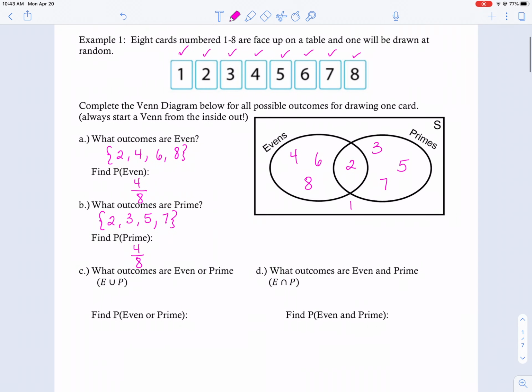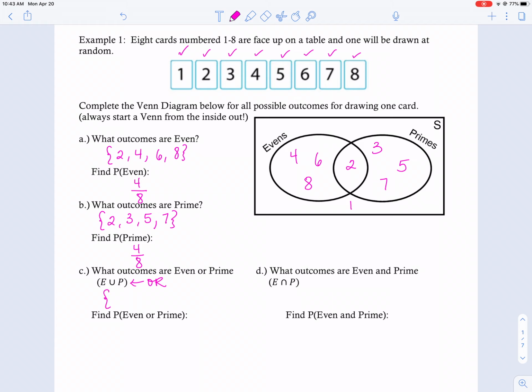Okay, so now let's talk about this. What outcomes are even or prime? So this means or. Put a little note here: or. Even or prime.